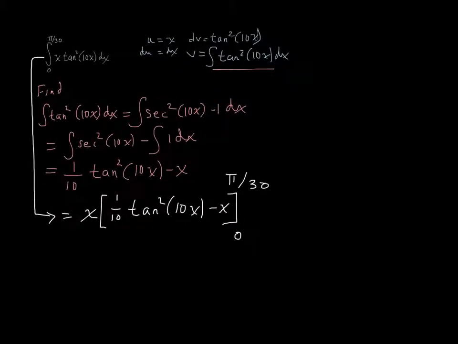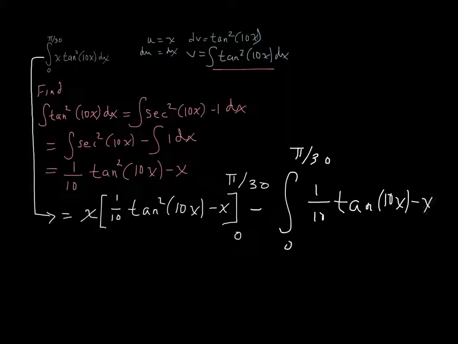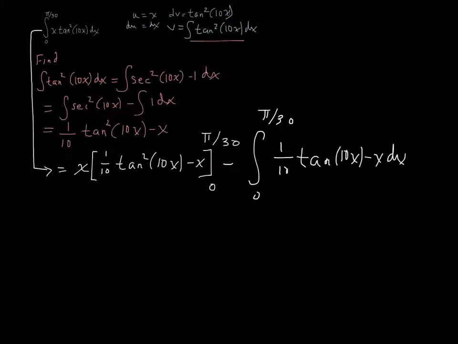And then minus my integral from 0 to pi over 30 of 1 over 10 tangent 10x minus x dx.